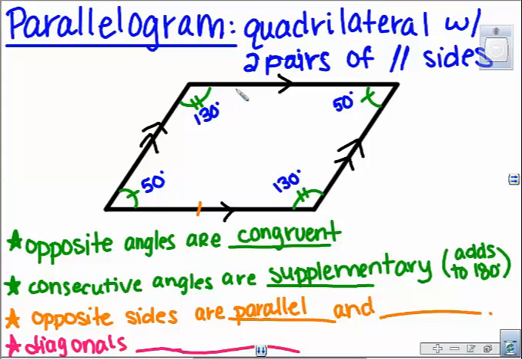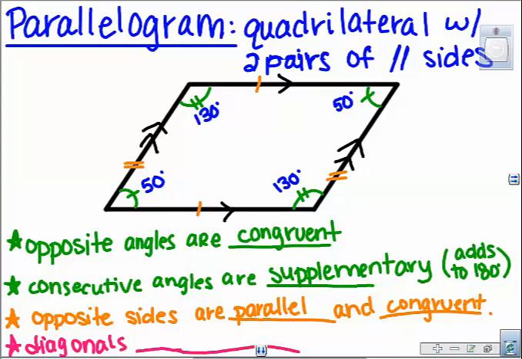So this side will be the same length as this side. So they're parallel and congruent. So this side would be equal to this side. That's true for all parallelograms. These two consecutive sides are not necessarily congruent. The ones across from each other, the opposite ones, are congruent.